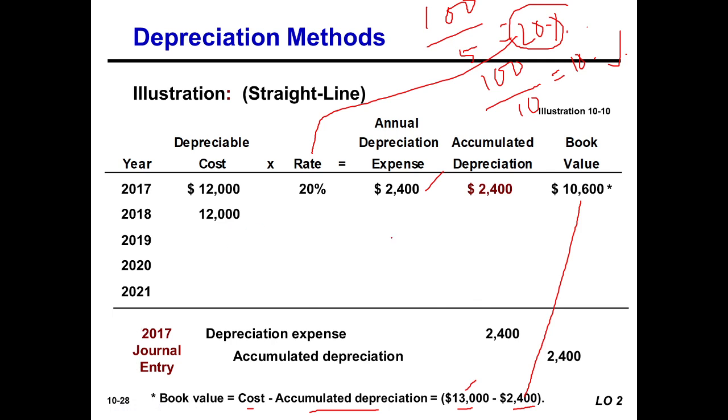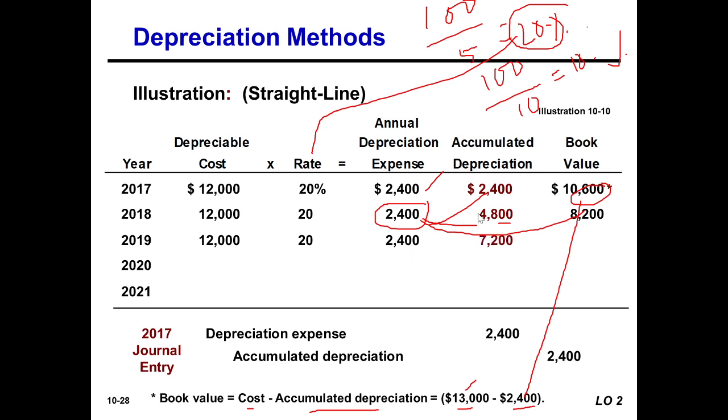Then depreciable cost 12,000, rate 20%, annual depreciation expense 2,400, accumulated depreciation is just the addition: 2,400 plus 2,400, we get 4,800. So the book value now is 10,600 minus 2,400, which gives 8,200. In the same way, 20%, 2,400, accumulated depreciation 4,800 plus 2,400 is 7,200, and the book value is 5,800.